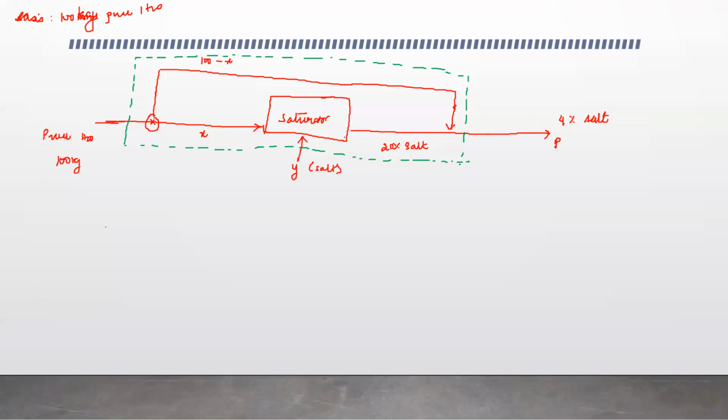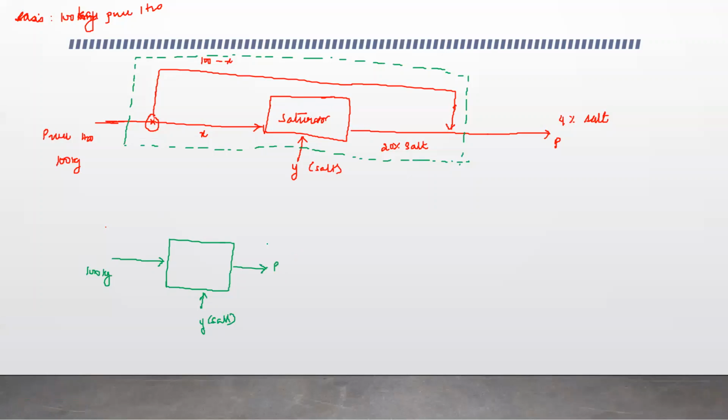If it is system-to-system transfer, then it is not allowed. Once we draw the block diagram, it has pure water here, that is 100 kg. Then we have P coming out here and Y is fed here. Y is your salt.